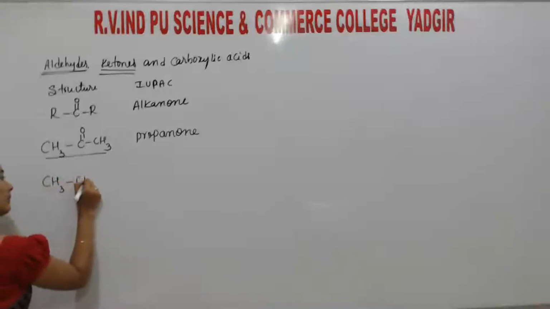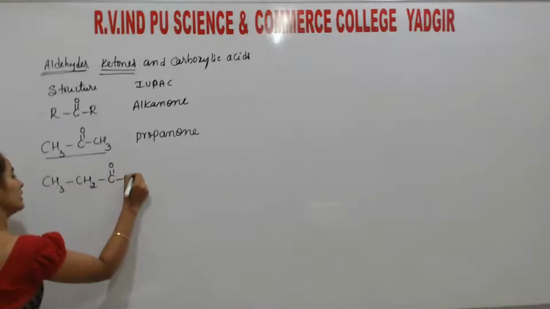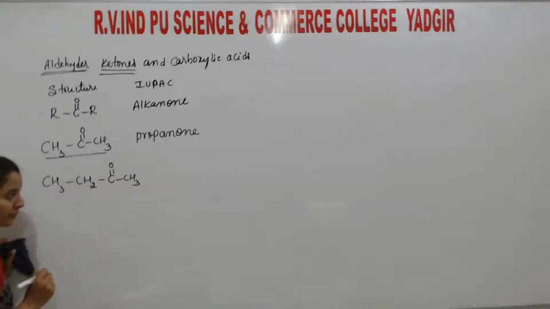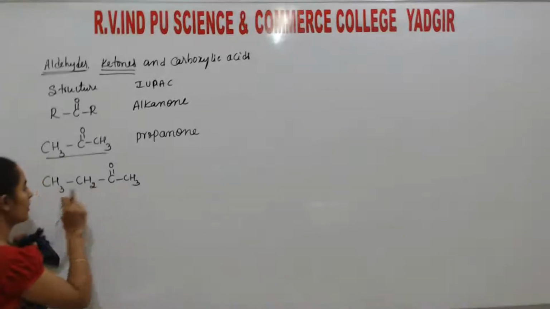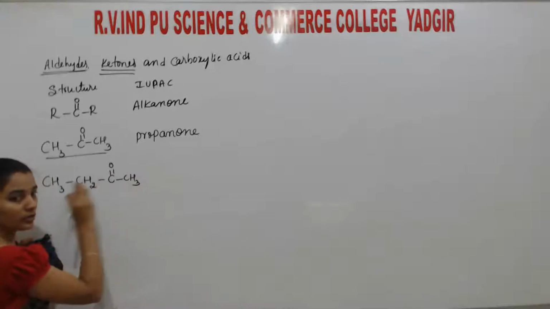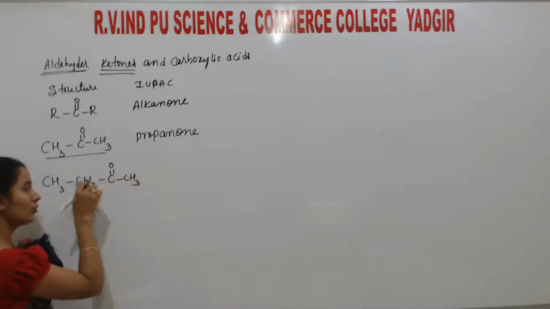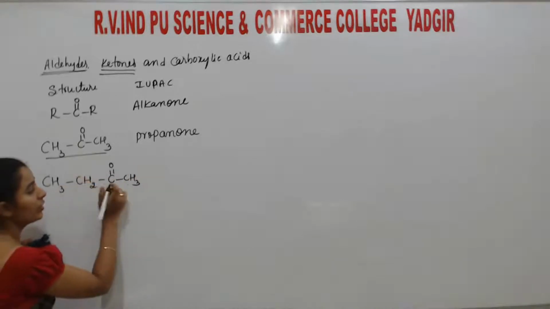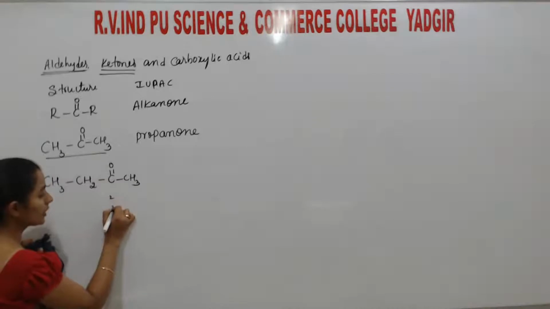CH3, CH2, C double bond O, CH3. So students, if it is like that, if you start numbering from right to left, that is 1, 2, 3, 4. Left to right, 1, 2, 3, 4. From right to left, this carbonyl group gets number 2. From left to right, it gets number 3.